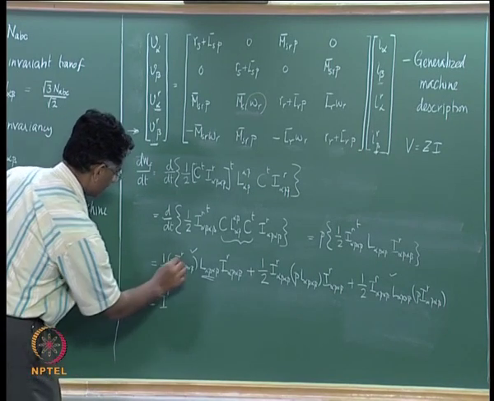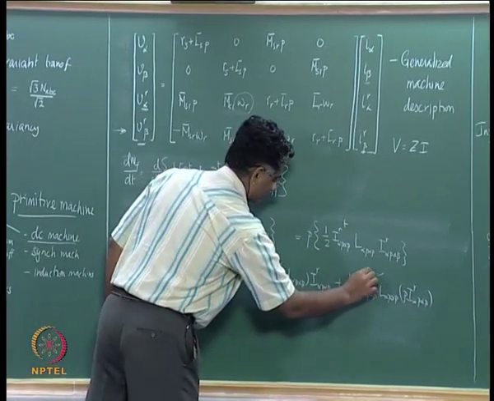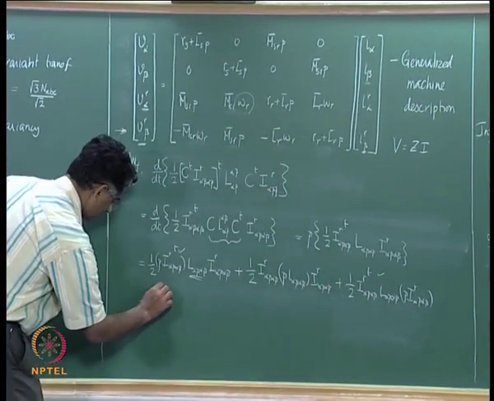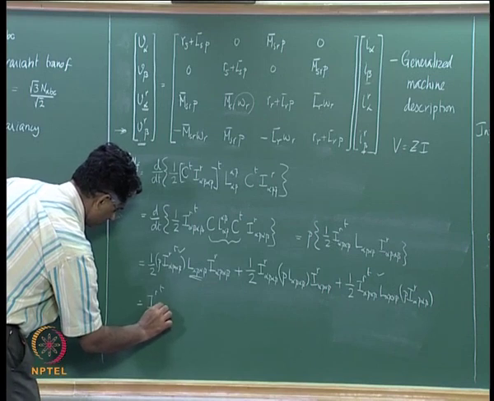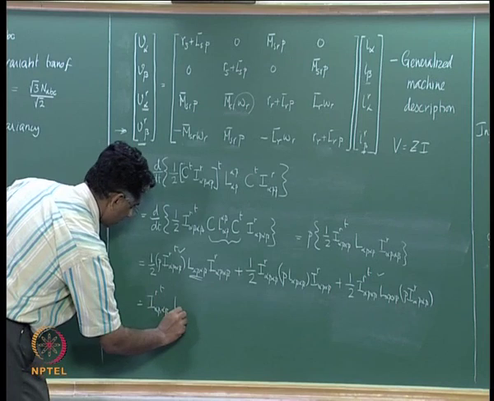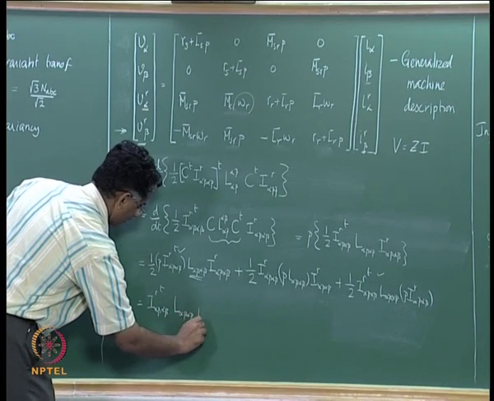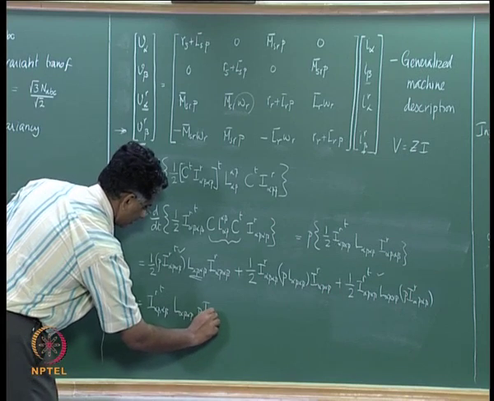I have missed a transpose here, so there is a transpose here and a transpose here. So this is I r transpose alpha beta into L alpha beta into P times I alpha beta.